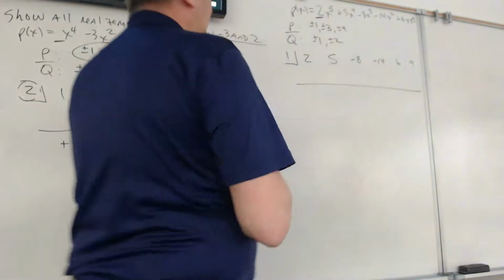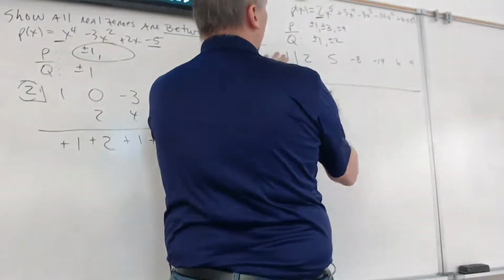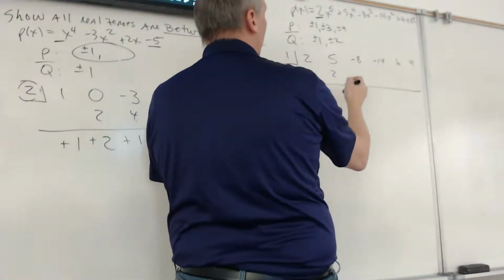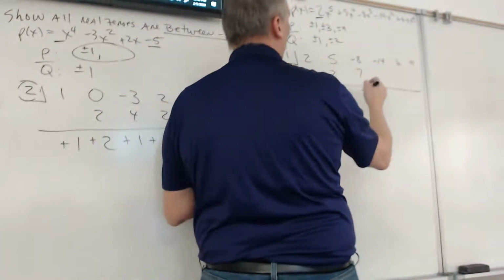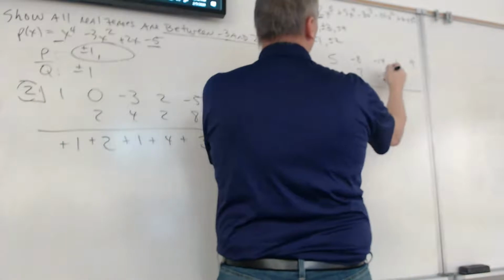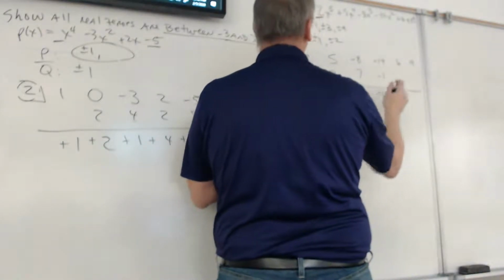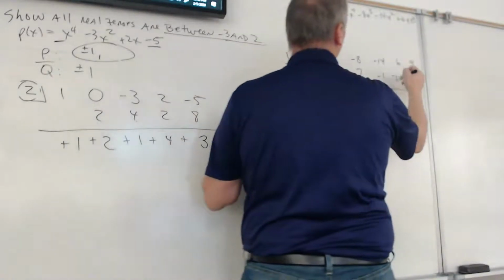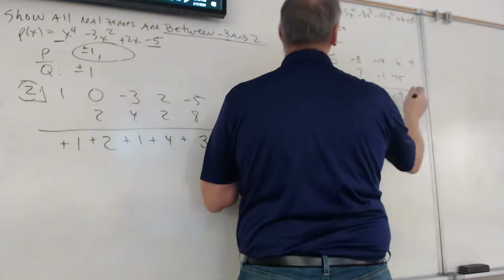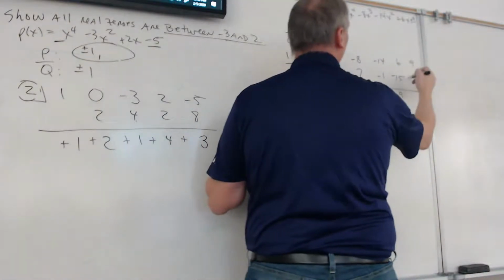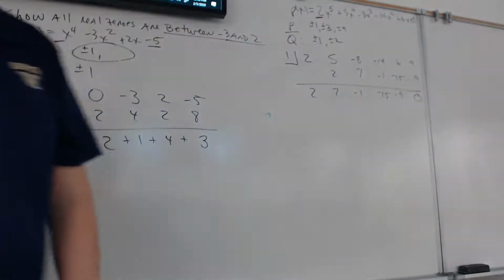Okay, we're going to add down 2 and 0. 2 times 1, 2, 5 and 2, 7 times 1, -8 plus 7, -1 times 1, -14 minus 1, -15 times 1, -15, 6 minus 15, -9, -9 times 1, -9, and we get a nice fat 0 there. You're a good guesser, right?